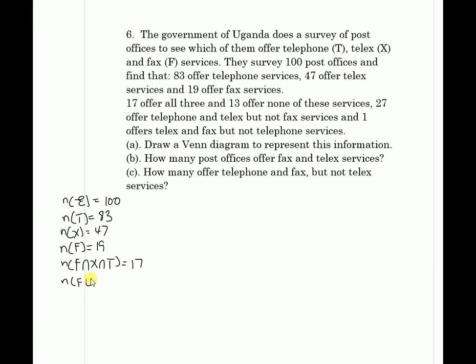So this is F union X union T, the whole chunk complement. This one is the complement of the union. The union contains all those inside the three sets, and this is the complement of the union, so it is 13 lying outside.